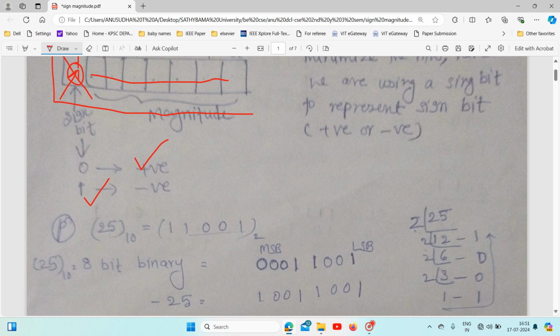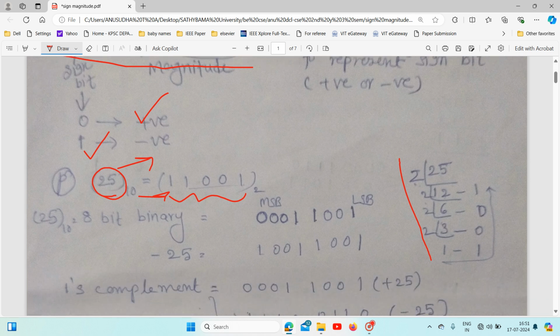Here 25 is a decimal number. You know very well how to convert decimal to binary. By using the divide by 2 method, you convert the given number 25 into a binary number, and this is the binary representation of 25.